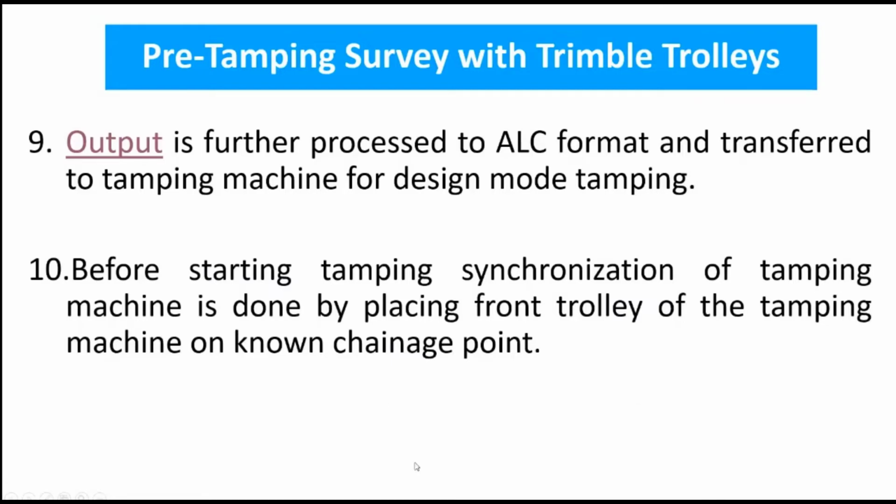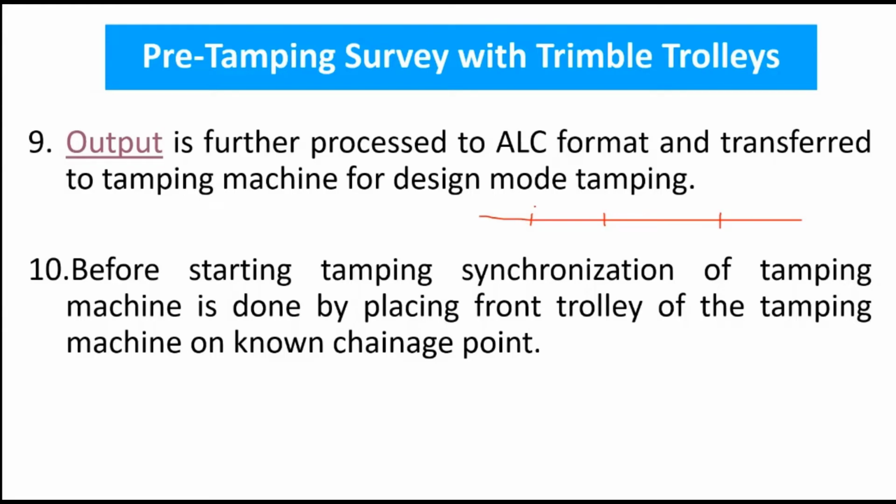So one thing is there, how will the tamping machine know that this is the point? If we have started at some point, say this is the control point, then for starting we need to synchronize the tamping machine with any known point.